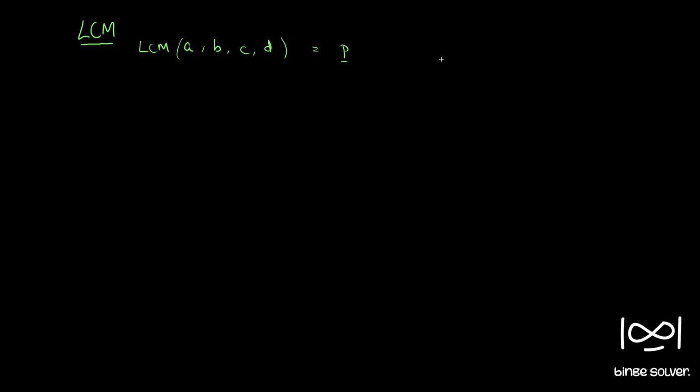That is, P by A will be a natural number, and P divides with B, and P divides with C, and P divides with D. So all of this will not give a fraction, and P is the smallest number that satisfies this condition.